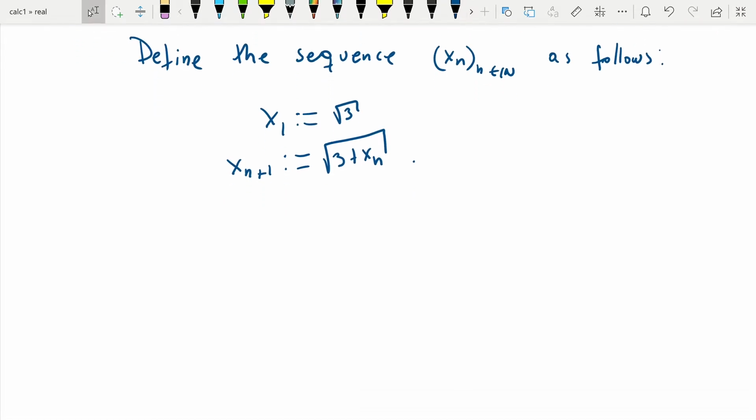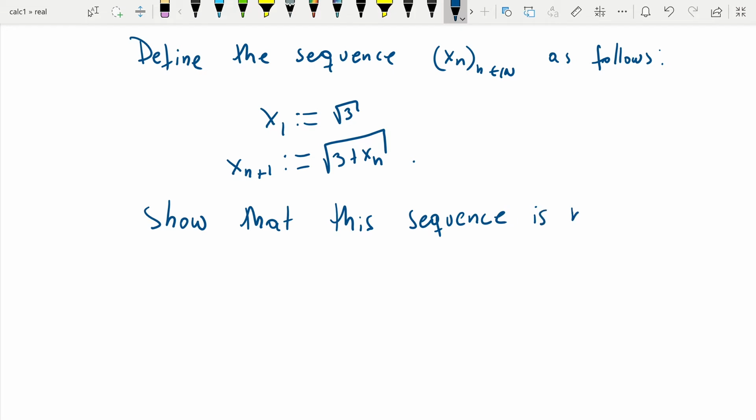We are asked to show that this sequence is non-decreasing.